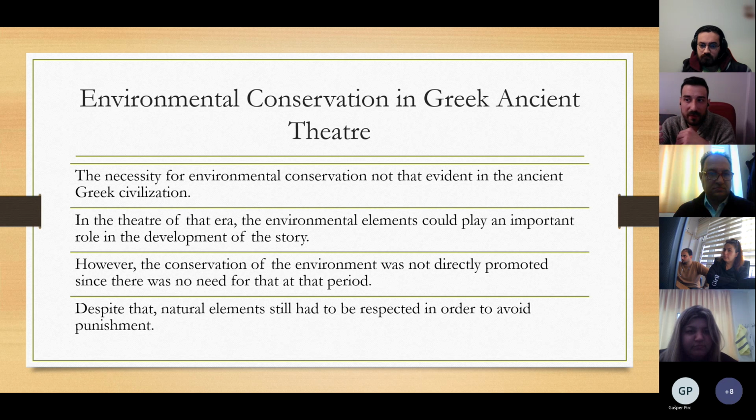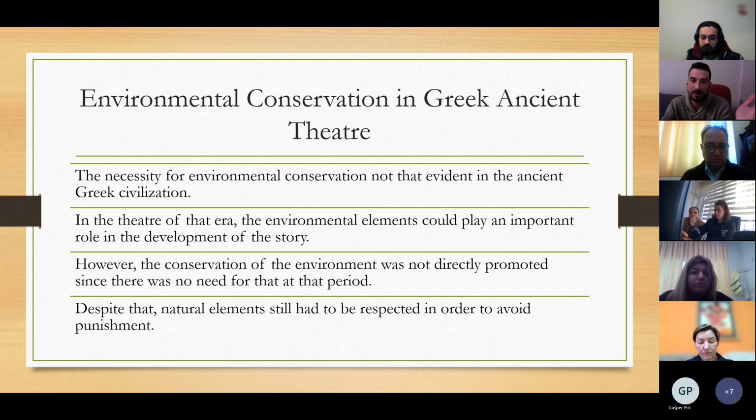Now we are moving on to environmental conservation in ancient Greek theater. As previously stated, people at that period might not have been conservation minded, but they seem to have known the strengths and weaknesses of their environment. They were not interested in including information related to environmental destruction.